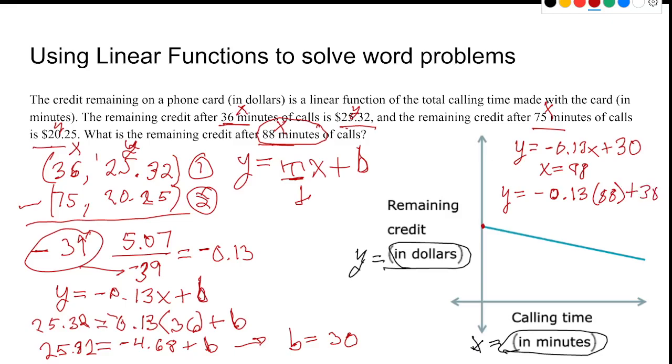So we go ahead and take 88 times negative 0.13, we get negative 11.44, and we add that to 30, we come up with that after 88 minutes, the y value is going to be $18.56.